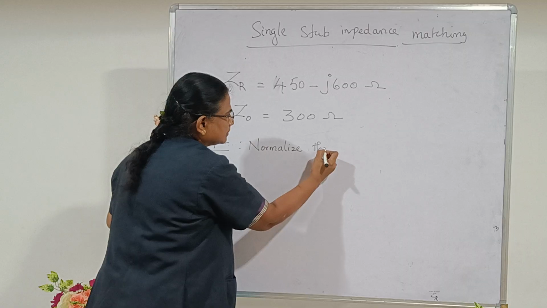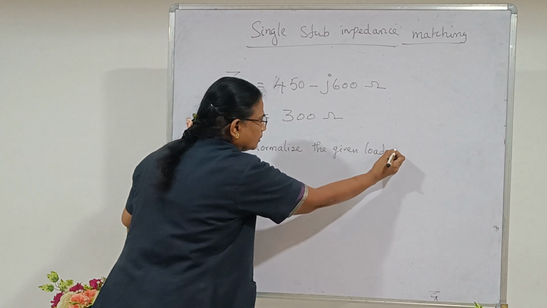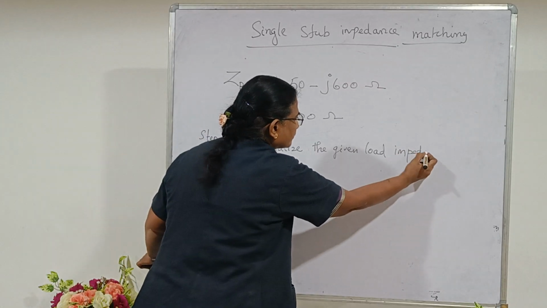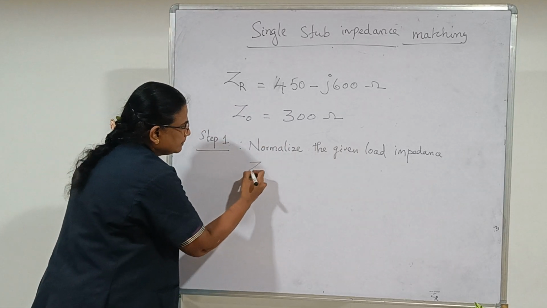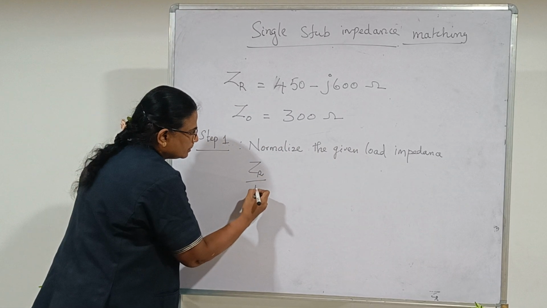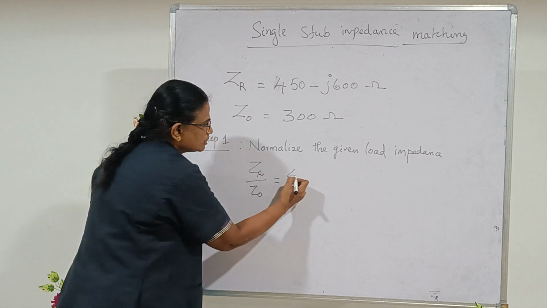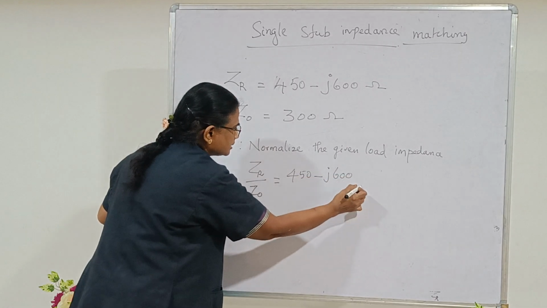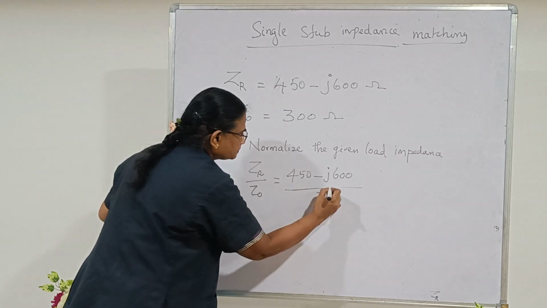Normalize the given load impedance. Divide ZR by Z0. That means divide 450 minus J 600 ohm by 300.